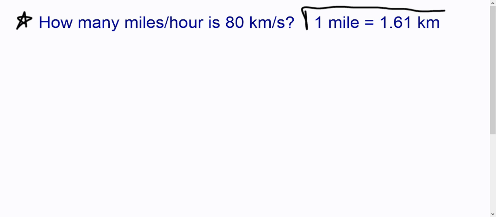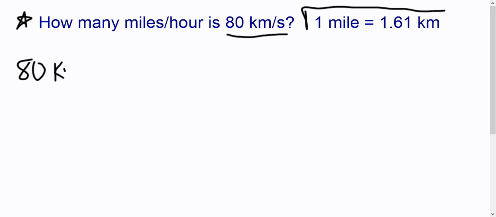But if there is not any information given to you, then the conversions would be ones you'd be expected to know, and or you'd have memorized, like your ones from your metric unit conversions, anything going up or down the metric system. So we're going to take our given here, which is 80 kilometers per second.